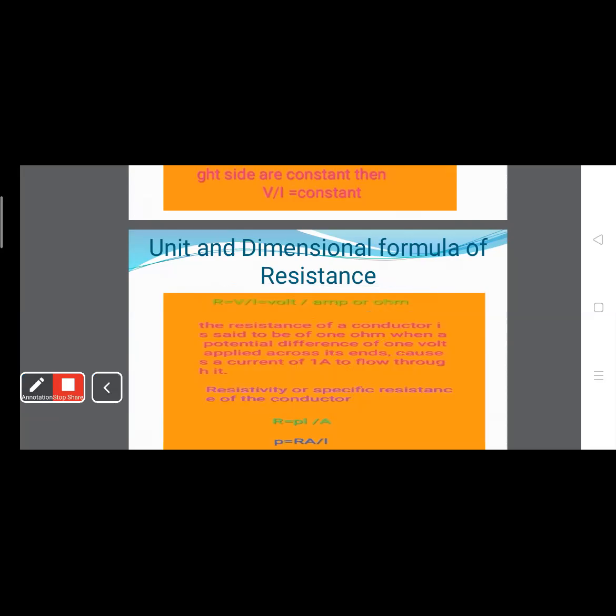So what is 1 ohm resistance? We can say the resistance of a conductor is said to be 1 ohm when a potential difference of 1 volt applied across its ends causes a current of 1 ampere to flow through it.